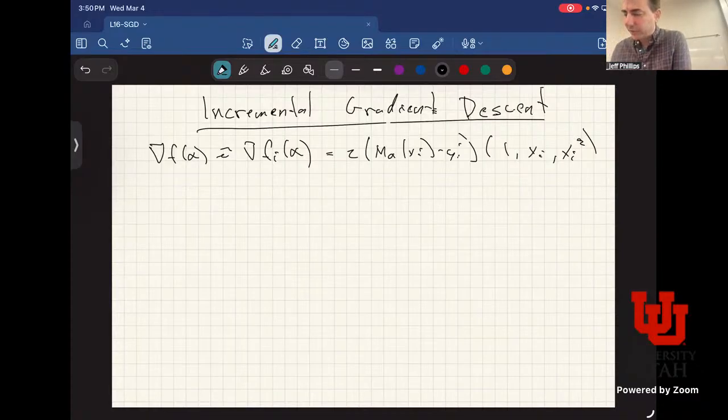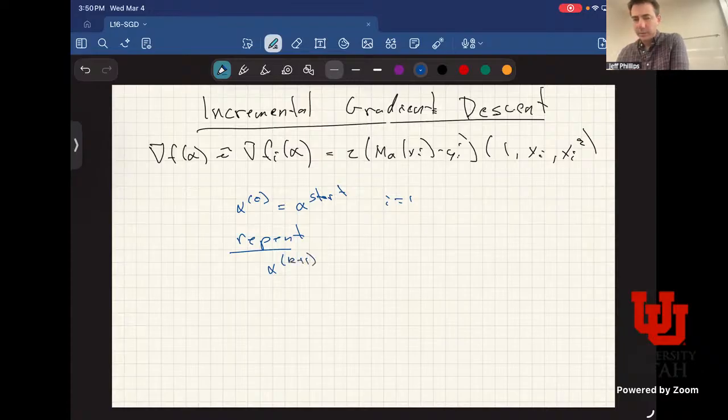Now I start with alpha_0, my initialization. I set i equals 1, and then I repeat: alpha_{k+1} equals alpha_k, what I had at the kth step, minus the learning rate, which maybe I adjust, maybe I don't, times only the ith gradient.